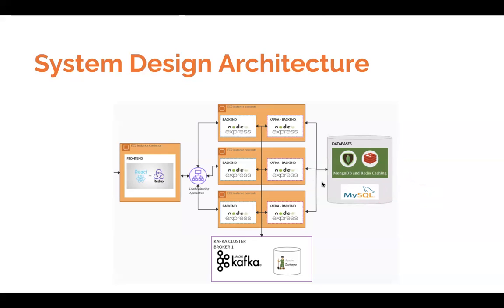Next time if a client hits the same API, it will search in Redis and return the data from Redis itself instead of going to the database. This will minimize the time required to fetch the data, and that is why we are using Redis here as well.